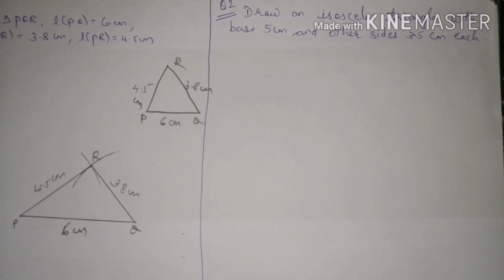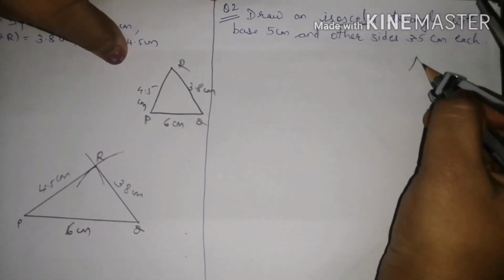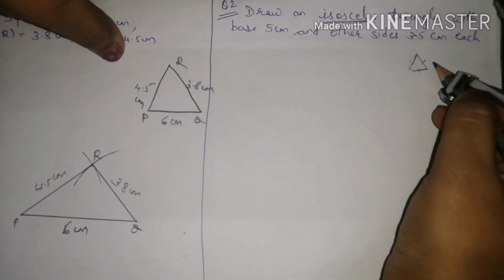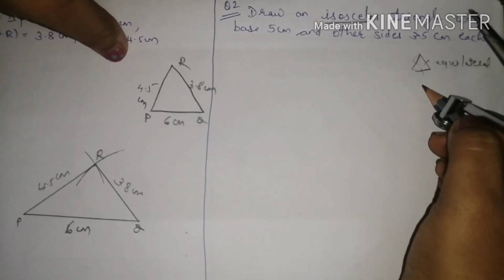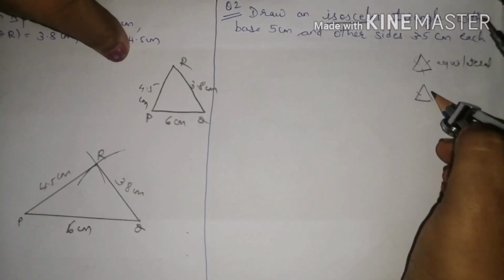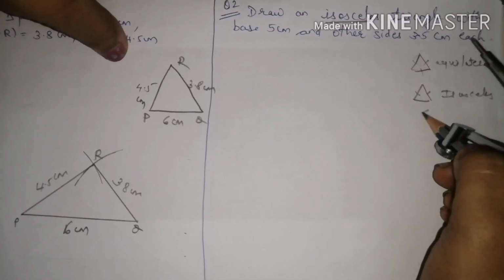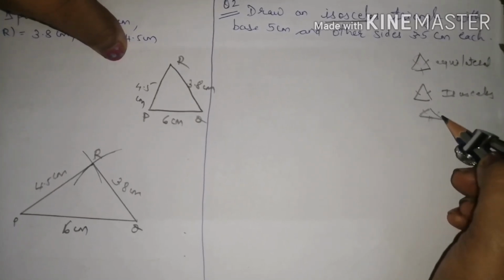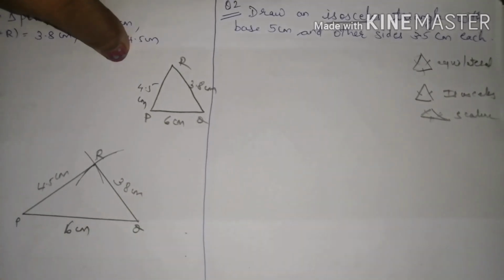If only two sides are equal, that triangle is called an isosceles triangle. And whose no side is equal, all sides are of different lengths, that one is a scalene triangle. These three triangles you already learned.